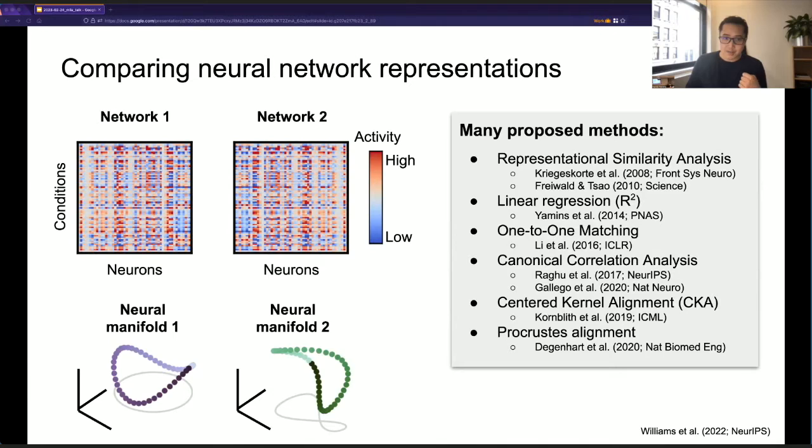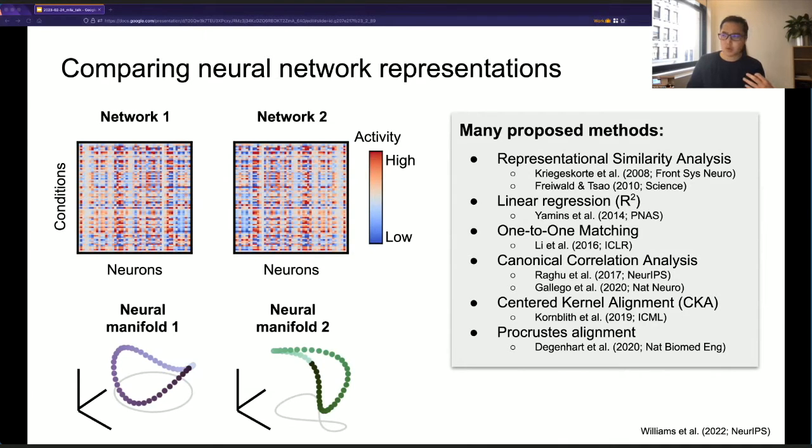At this point, there have been many proposed methods to answer this question of neural network representation similarity. Those include the RSA and linear regression that I described on the previous slide, but there are also others like canonical correlation analysis, and more recent ones like centered kernel alignment.